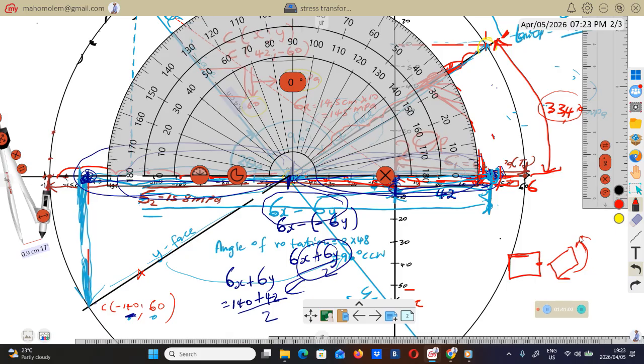So it has to be clockwise since you got the negative answer. So we have to rotate the element clockwise. That's why we have negative there by 16.7 degrees. And at this plane, we are not going to have any shear stress. And the normal stresses will be those principal stresses.